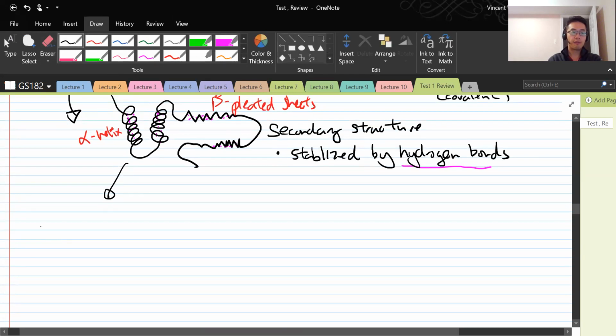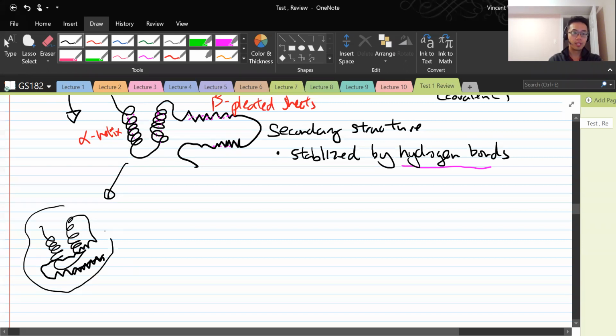This is going to fold up into a three-dimensional structure, an overall 3D shape. That's the tertiary structure.